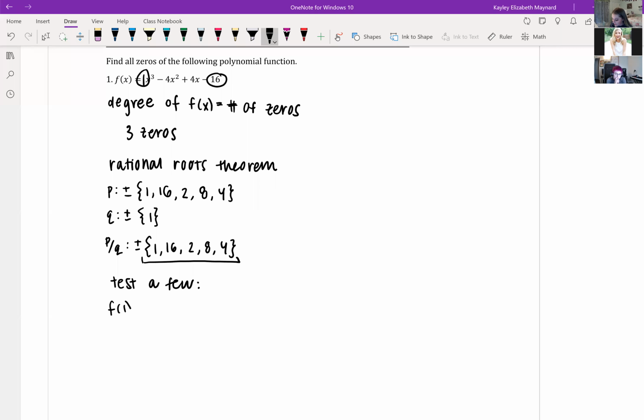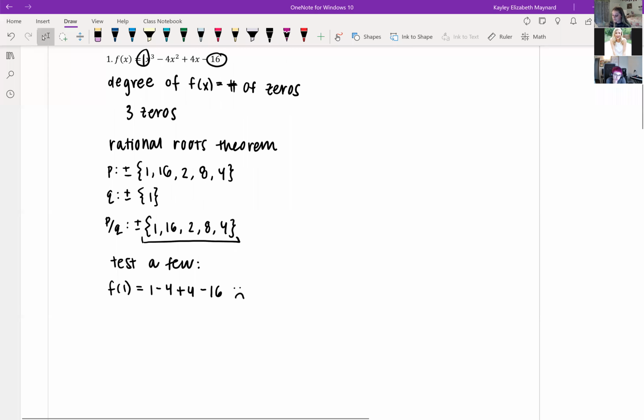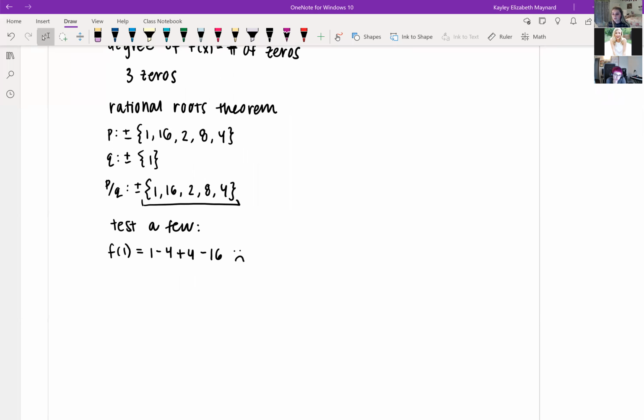So f of 1 is going to be 1 minus 4 plus 4 minus 16. Okay, well, sadly, that does not give me 0, so that one doesn't work. So next, I guess I just gravitate and go in order, so I'll go with 2.